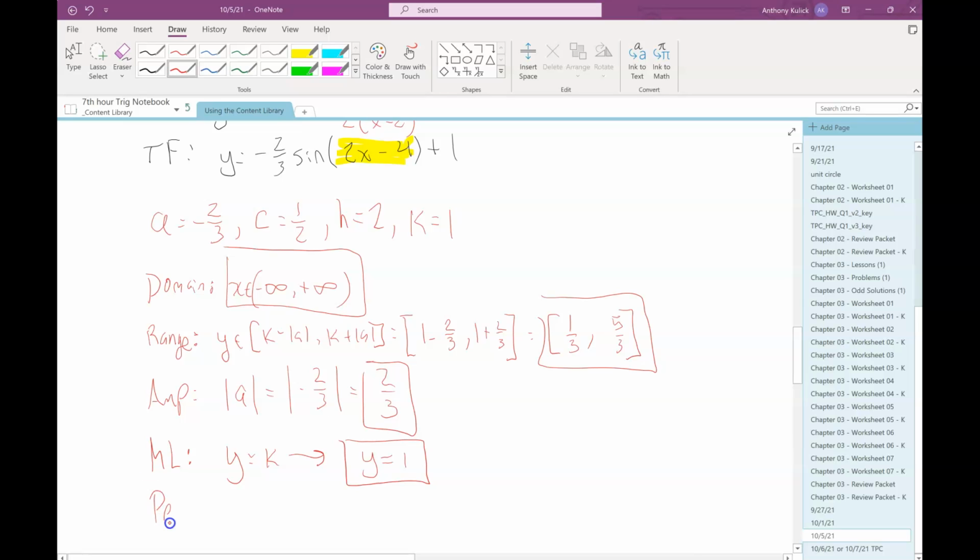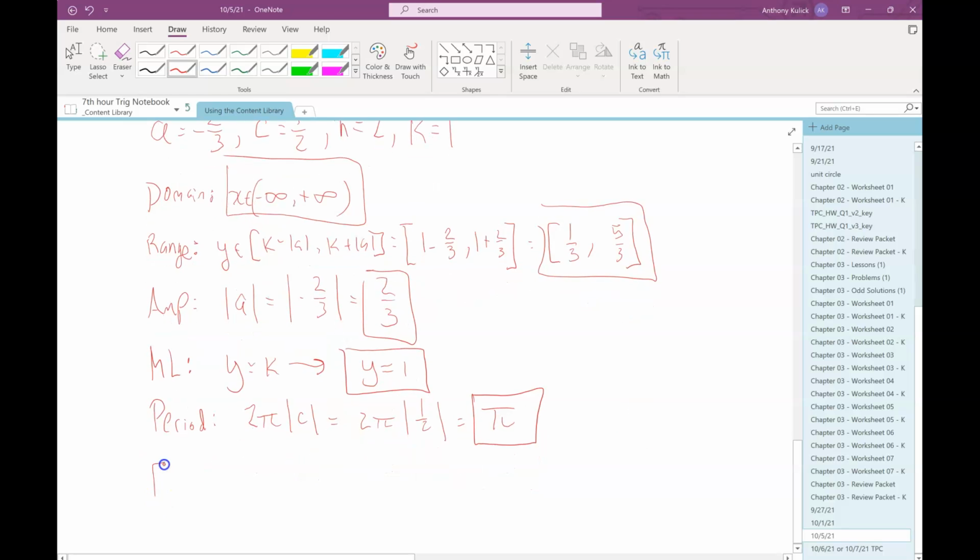Okay. What's the period? Yeah, so it's 2 pi times the absolute value of c. And c is 1/2, so that just comes out to be 1 pi. Is everybody okay there?